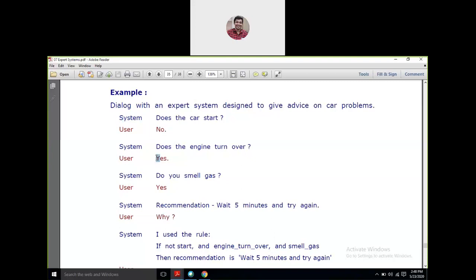The user says yes. Then the expert system is gradually trying to match with its internal set of rules: if the car is not starting and the engine turns over, then what is the next thing? Gradually, it is moving towards a type of problem which the expert system thinks it is approaching.